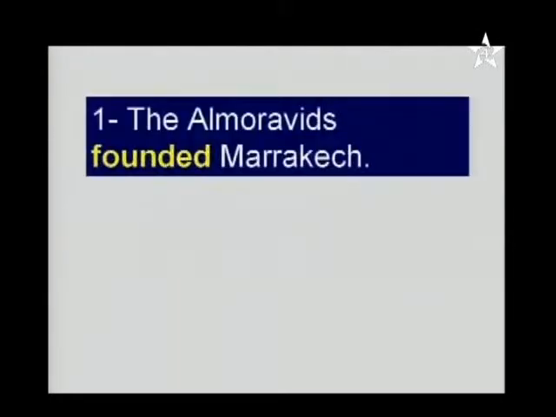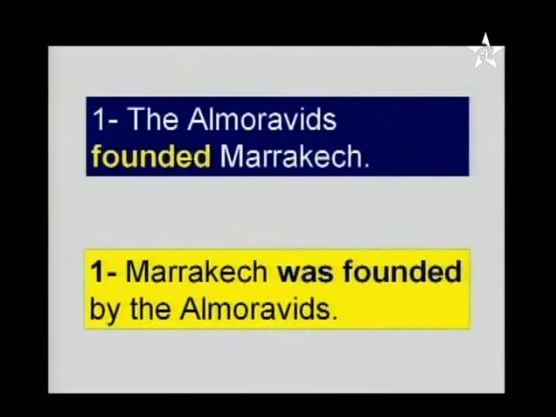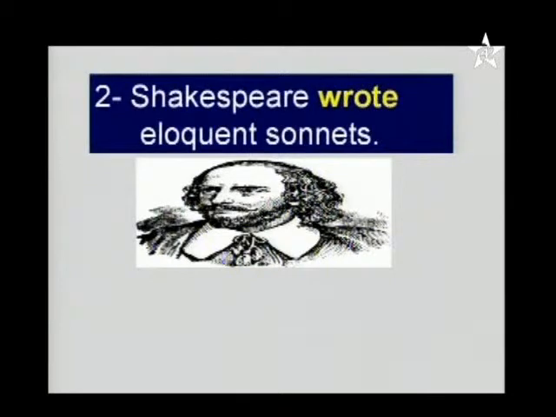Right. Now let's move on. 1. The Almoravids founded Marrakesh. Which tense is here? It's simple past, all right? So Marrakesh was founded by the Almoravids. Second sentence, Shakespeare wrote eloquent sonnets.